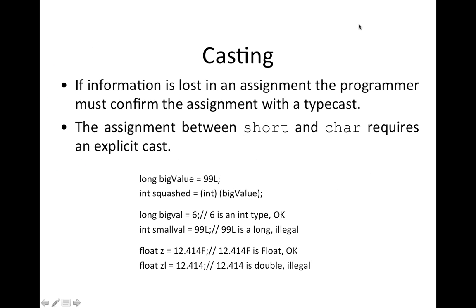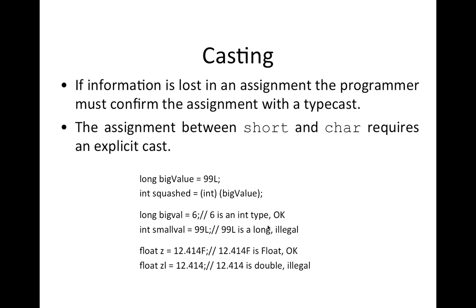Okay, casting. If information is lost in an assignment, the programmer must confirm the assignment with a typecast. Say, for example, this is what I was talking about before, a big value. If you are trying to typecast it to int, you have to specify it because you are losing some bits. They just want to be sure that it's not a Java bug.